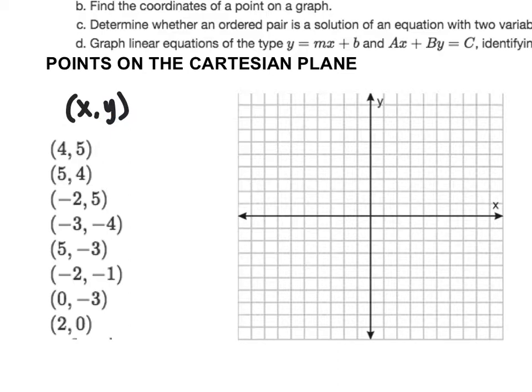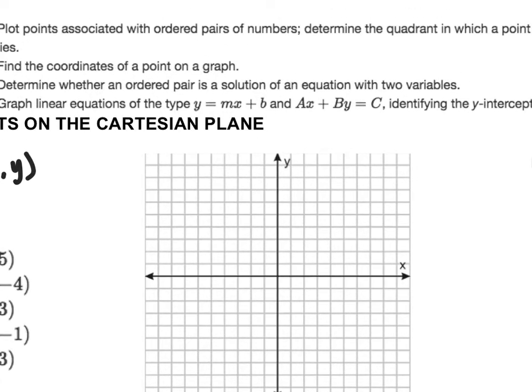All right, and so we have this thing over here called the Cartesian plane. And this is basically a flat surface where we can locate certain parts of a graph. And so basically, a point is just a location on the graph.